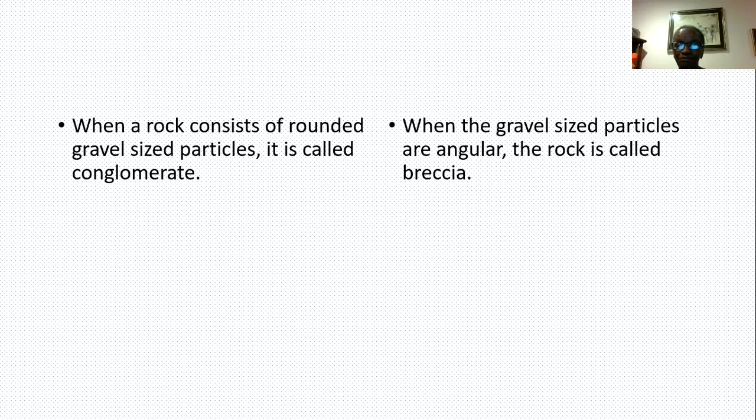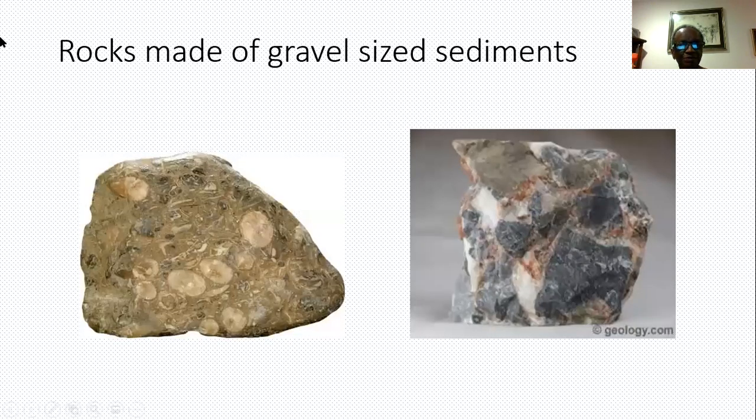But if the gravel sizes of the particles are angular, the rock is a breccia. And here are the examples. See, on your left, we have rounded gravel-sized particles. That's a conglomerate. Here, they're angular-sized particles. And so that wouldn't be an example of a conglomerate.